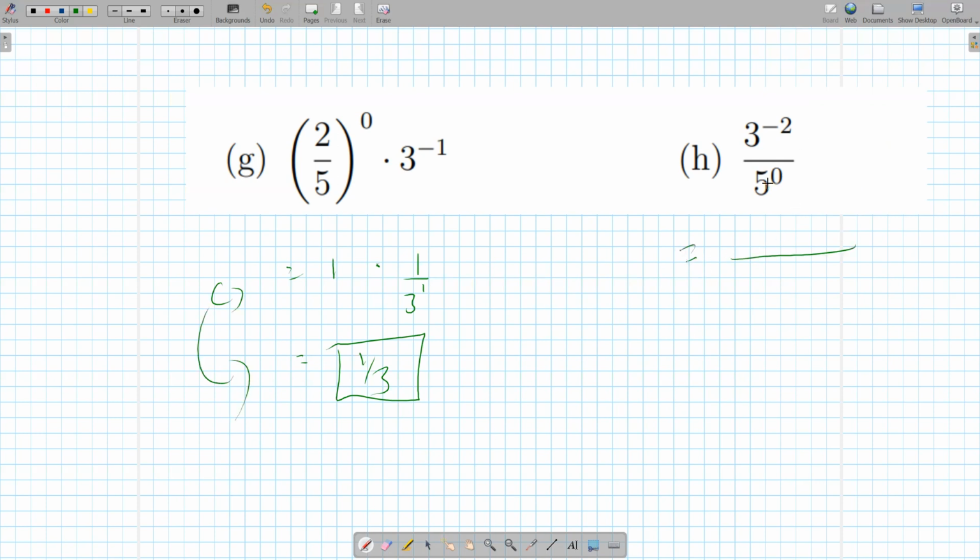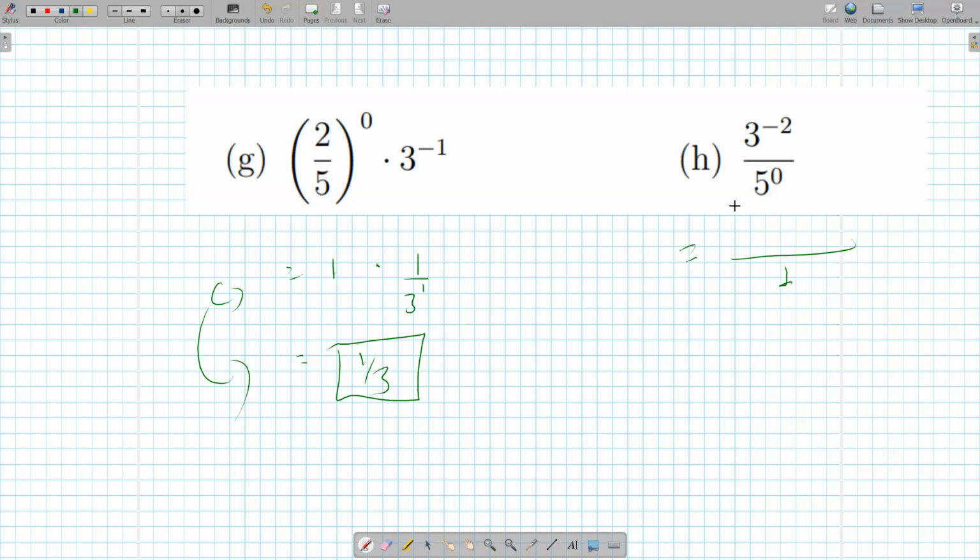Okay, let's do this. What's 5 to the power of 0? Let's say 1, right? 1. What's 3 to the power of negative 2? Positive 6. Wrong. Common mistake. It has nothing to do with 6.